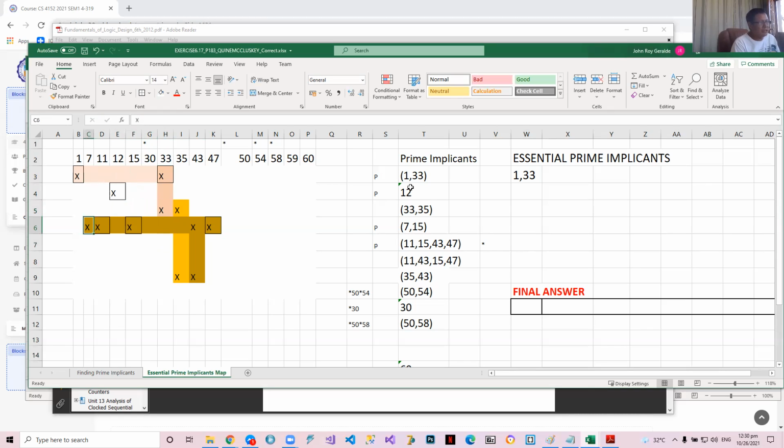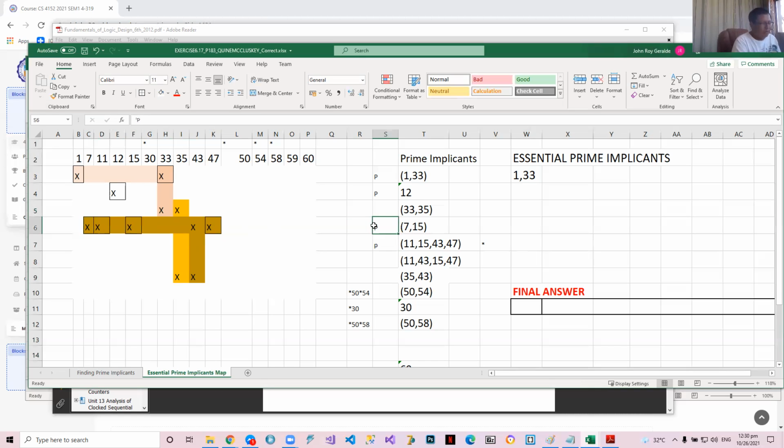But 7 is an essential. No. Kung itong group na ito ang isasali natin, okay, anong tatamaan niya? Ito lang. Itong sa baba, si 35, 43. Okay? If you will include 7, 15, if you will use 7 and 15, walang matatamaan.